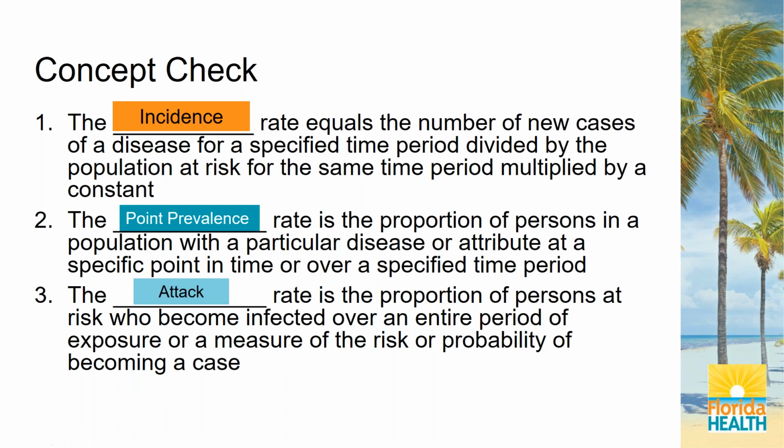The attack rate is the proportion of persons at risk who become infected over an entire period of exposure, or a measure of the risk or probability of becoming a case. Those are basically definitions that you should know, but it's not as important to know the specific definition as it is to understand what you're looking for when you're trying to find the incidence rate, the point prevalence rate, or an attack rate, if that makes sense.